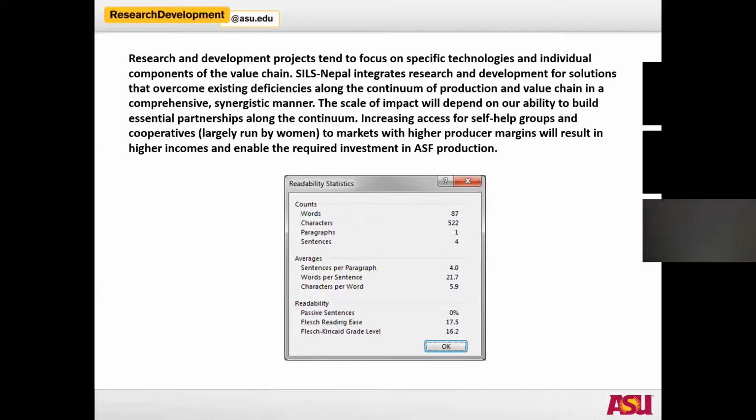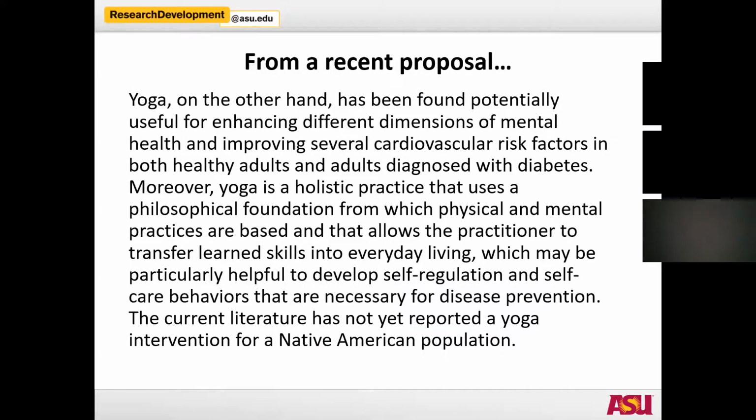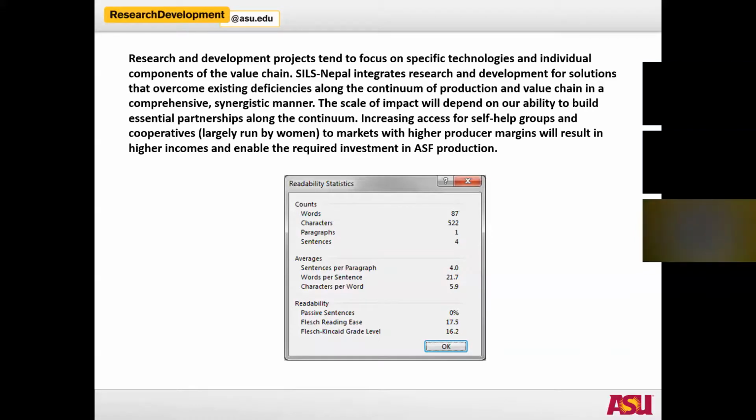You can understand that pretty well, right? It doesn't have super long words. All right, so that was from a proposal that I edited, and I thought it was okay.